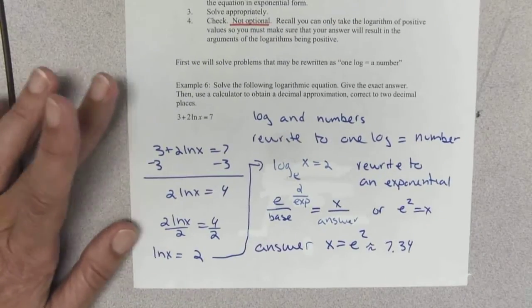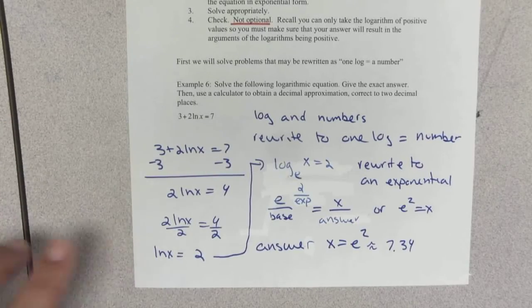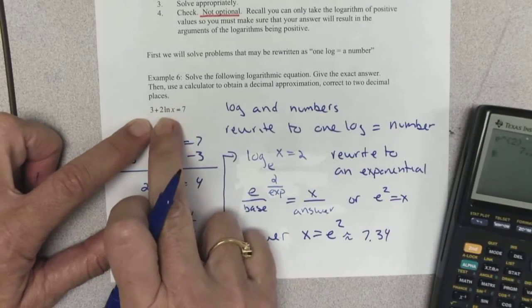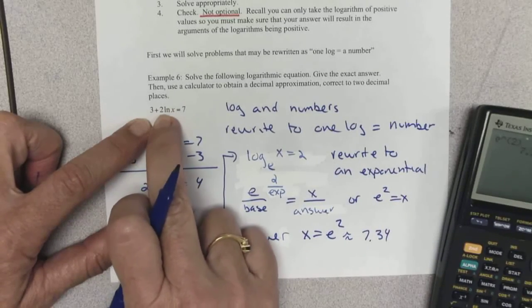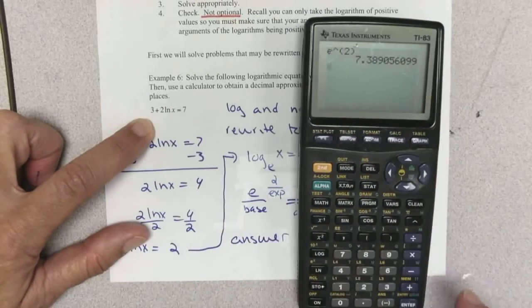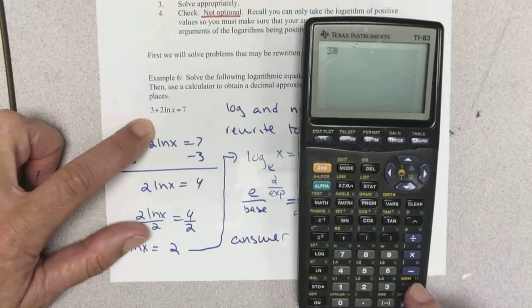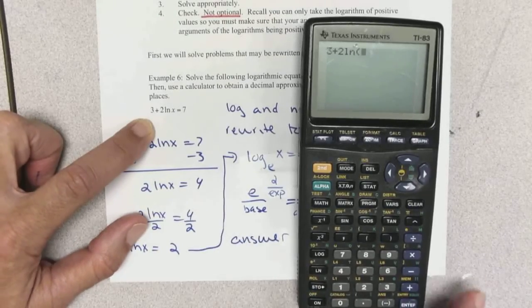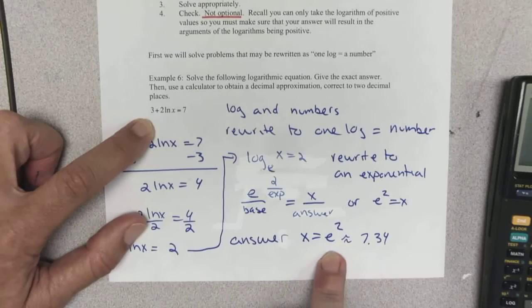Now you could fully check it out, and let's check it on the calculator. So there was my problem, 3 plus 2 natural log of x equals 7. So let's just type that on the calculator, 3 plus 2, natural log. Then the answer we said we had was e squared.